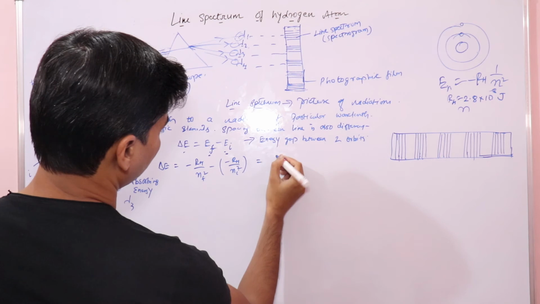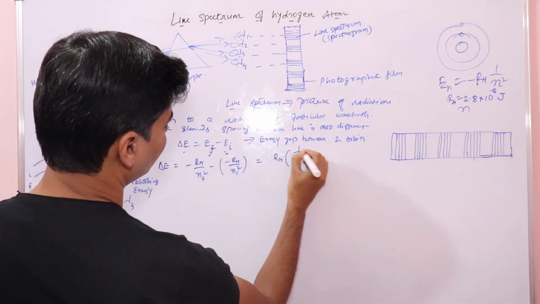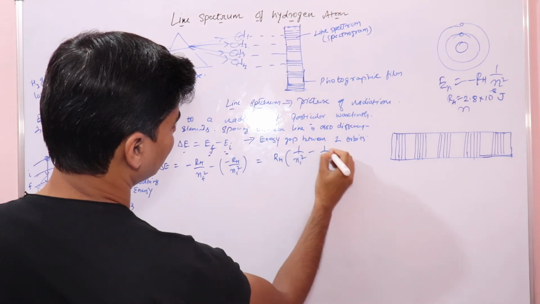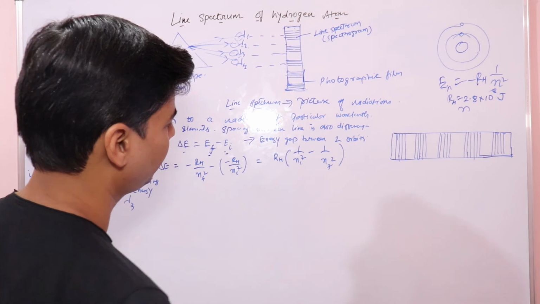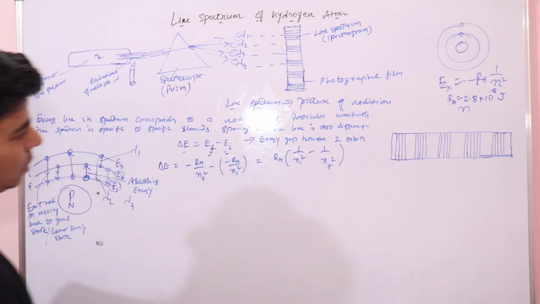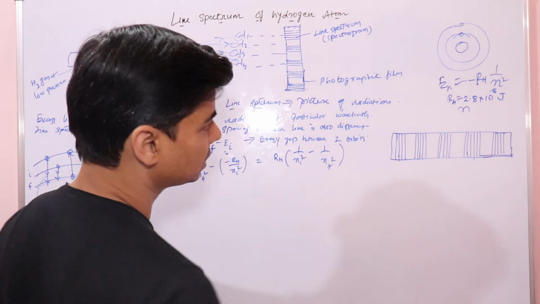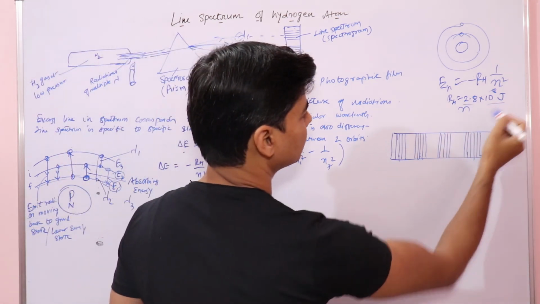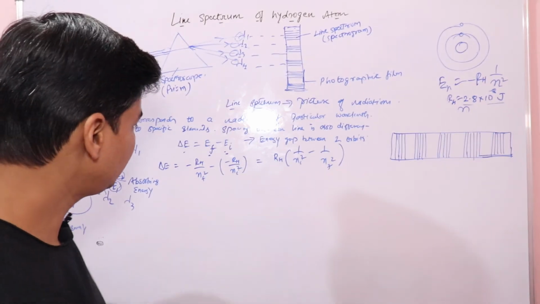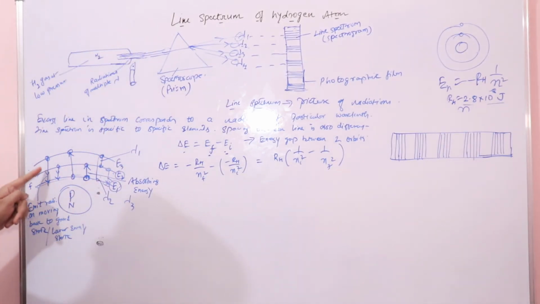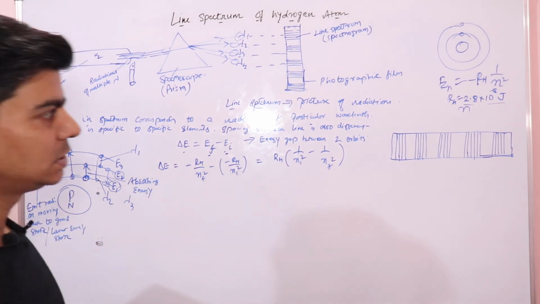This would be R_H common, 1 upon n_i square minus 1 upon n_f square, right? So you will see that this is R_H, Rydberg's constant value is this, right? This is the formula for energy between two energy states. Difference in energy between two energy states.